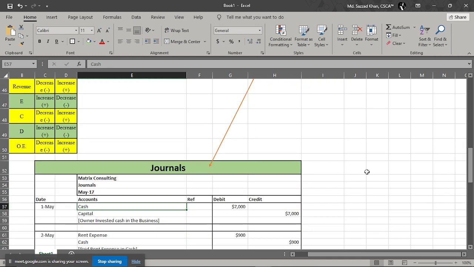Let us construct a general ledger, or ledger number one. Okay, how do we construct a general ledger? Let us see.